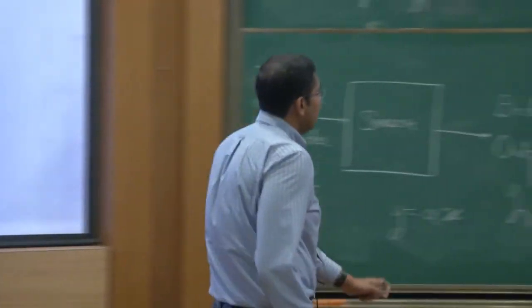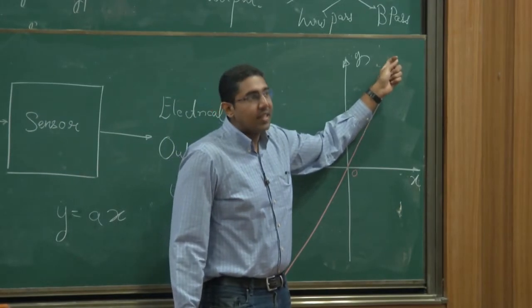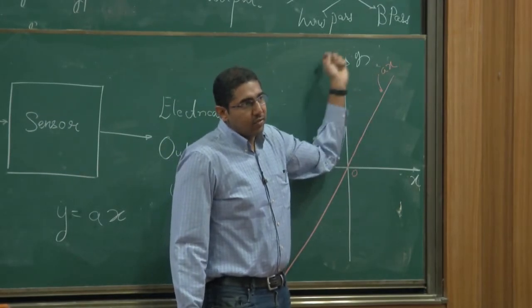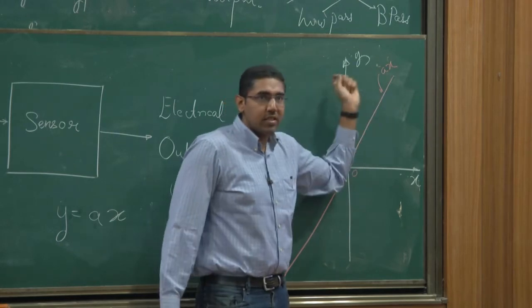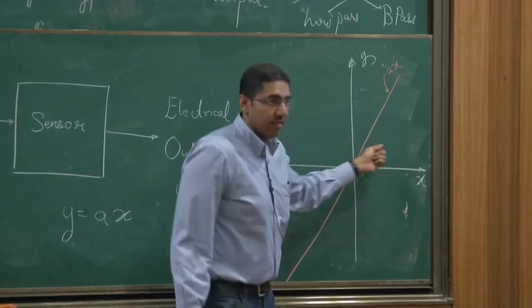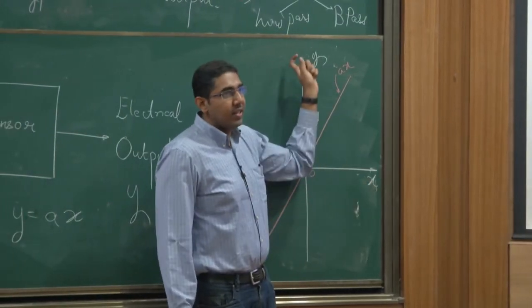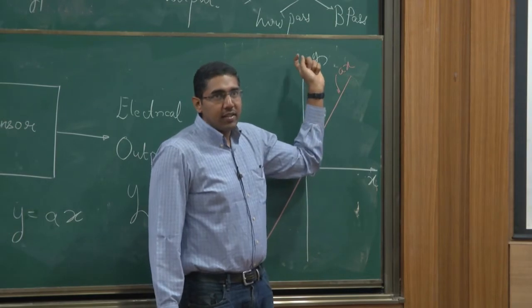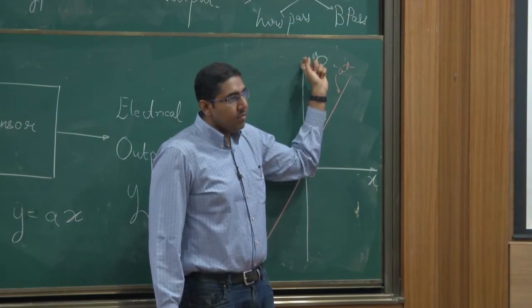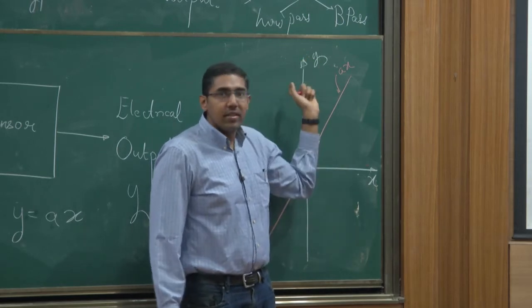What is a actually with reference to previous sensitivity, right? So, for a change in input, how much change in the output? So, y by x, this is the perfect sensor. Whatever is the input quantity, you have a perfect linear output for that input. Now, is this clear?